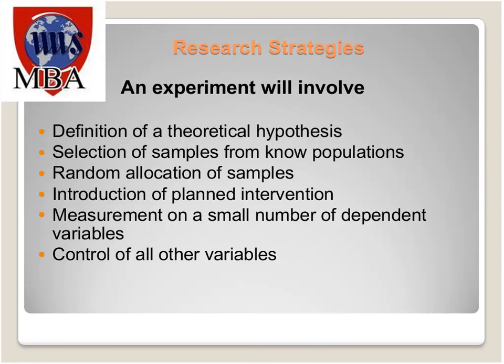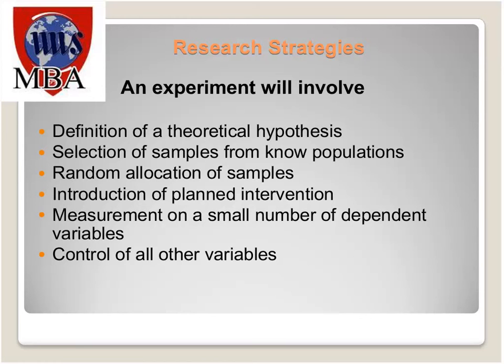So for research strategies, an experiment will involve definition of a theoretical hypothesis, selection of samples from a known population, random allocation of the sample, introduction of a planned intervention, measurement of a small number of dependent variables, and control of all other variables. So for experiments, as one of the research strategies under research design, you should define a theoretical hypothesis.